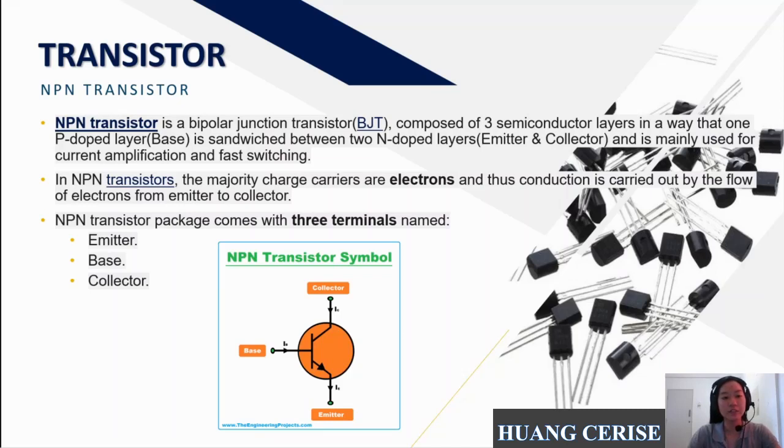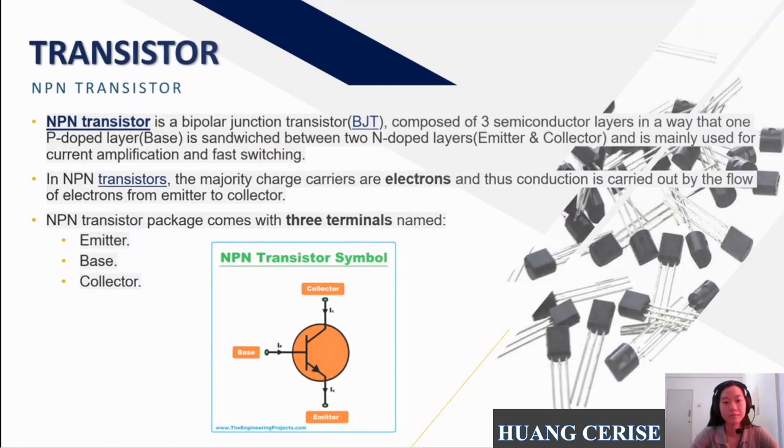In NPN transistors, majority charge carriers are electrons, and thus conduction is carried out by the flow of electrons from the emitter to collector. The NPN transistor comes with 3 terminals, which are named collector, base, and emitter. This is the symbol shown for the NPN transistor.